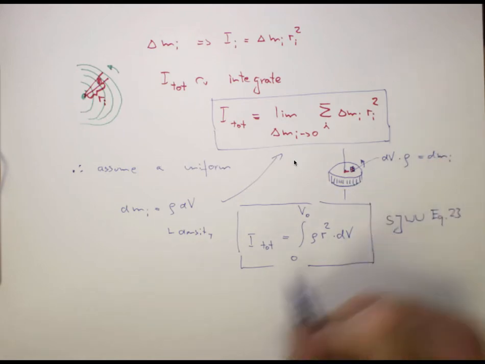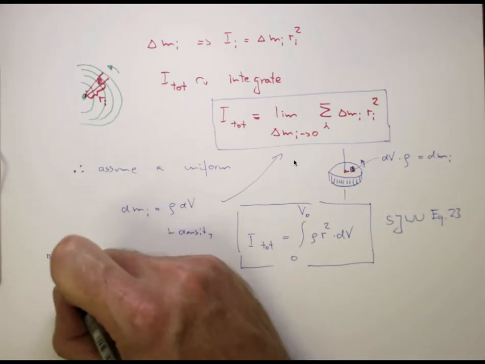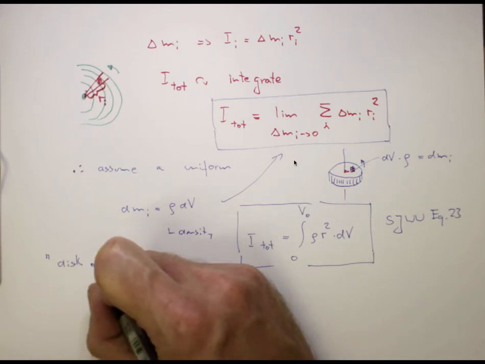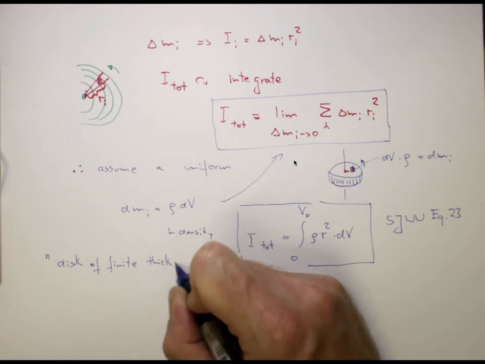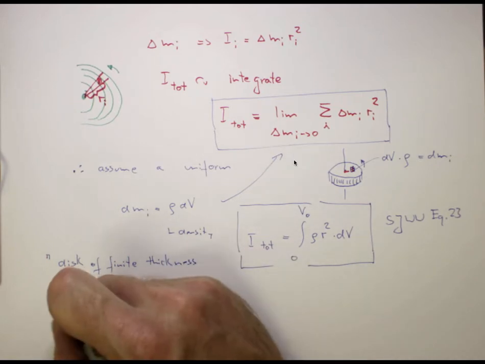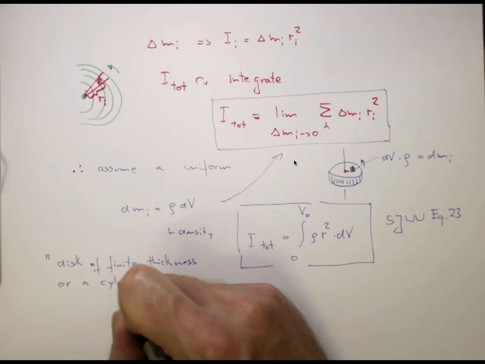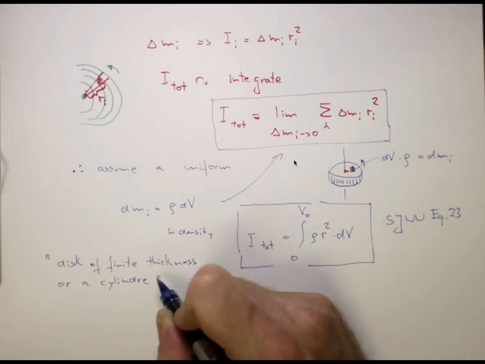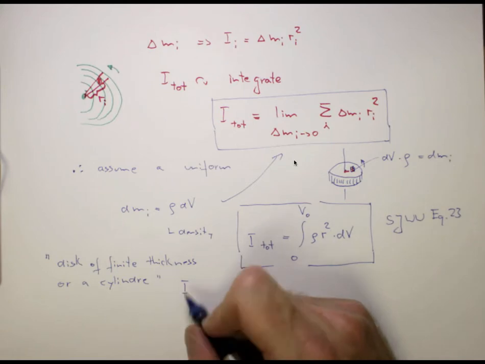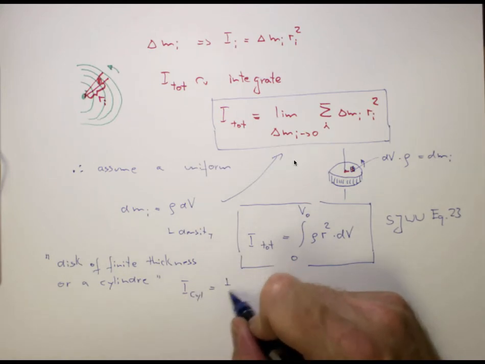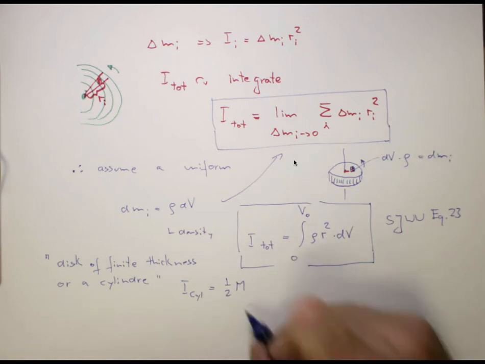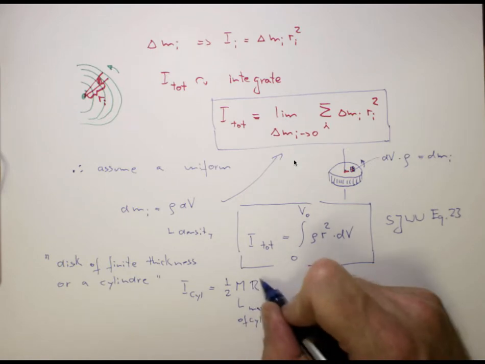For a disk like that, a disk of finite thickness, or a cylinder for that matter, one obtains a total moment of inertia which is given by 1/2 the mass of that cylinder times its radius squared.